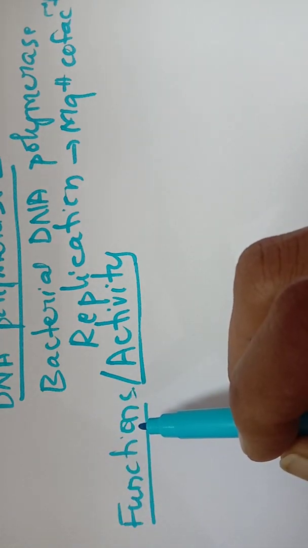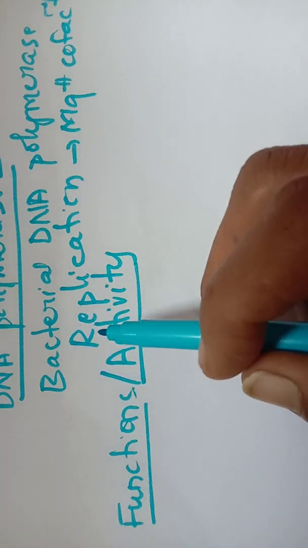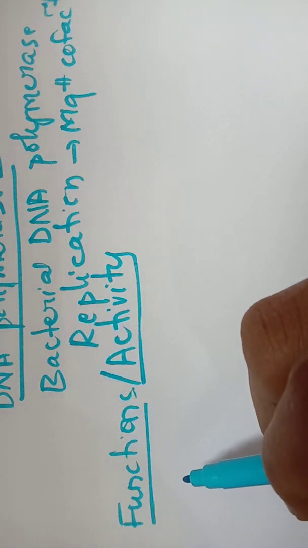Application is a different aspect: it means how we use that thing for our benefit, to derive applications for human welfare. That difference you need to remember.